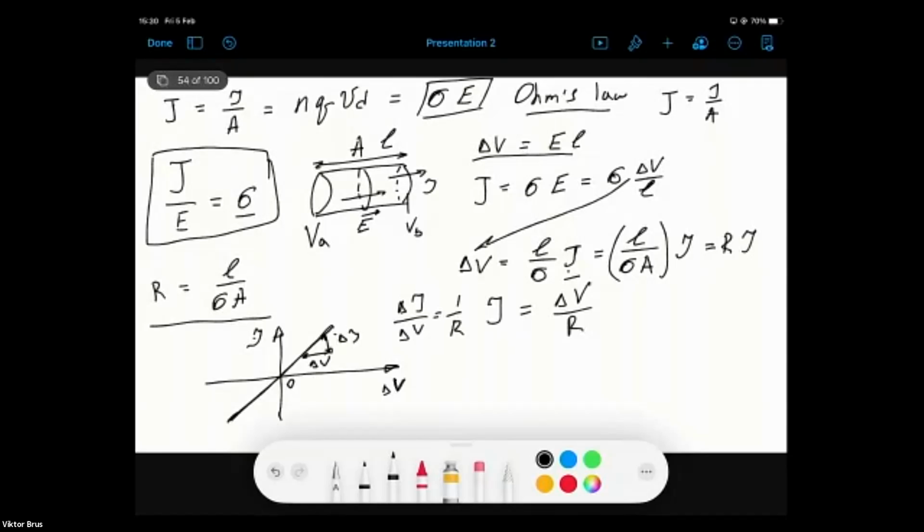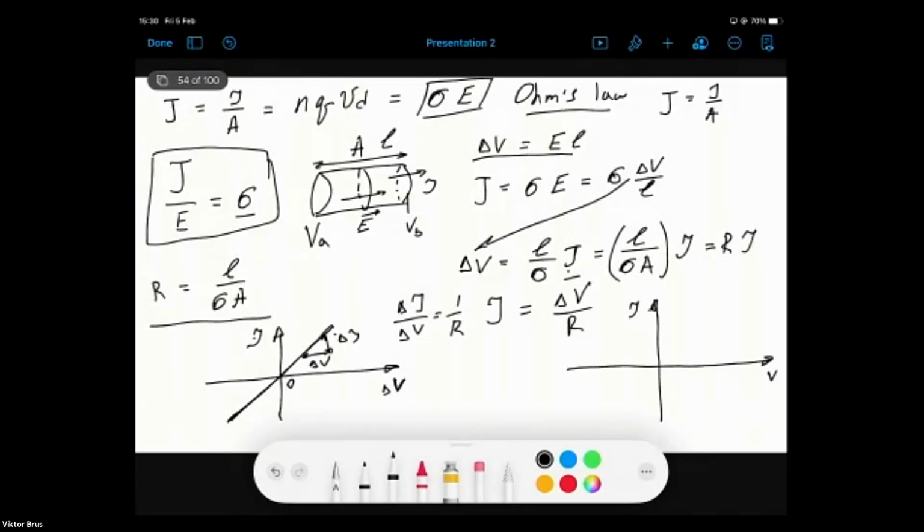Now I would like to give you an example of a non-ohmic conductor. A very good example would be a diode characteristic. We will consider this in future, but I just want to give you an example. So here is voltage, current, and the diode current voltage characteristic, which is not symmetric.